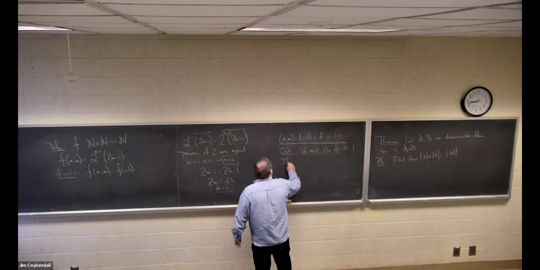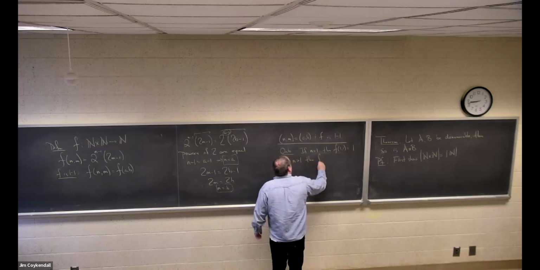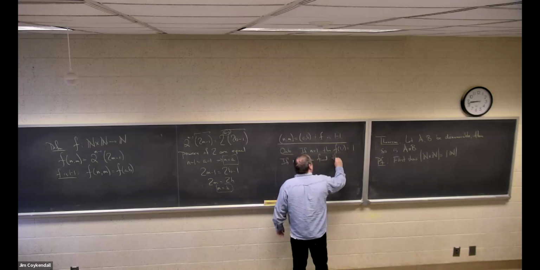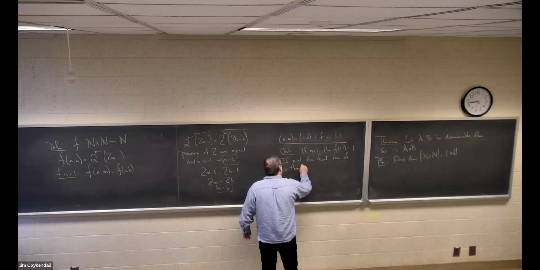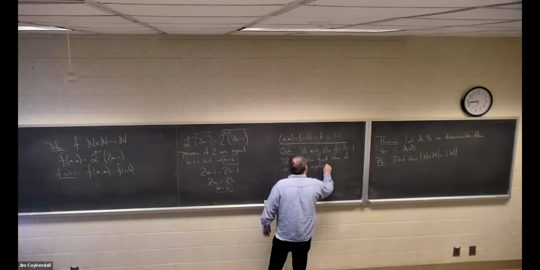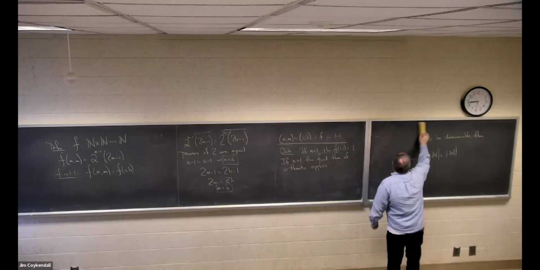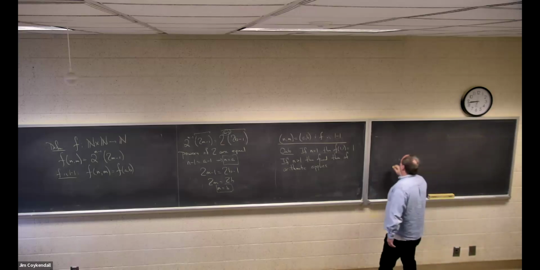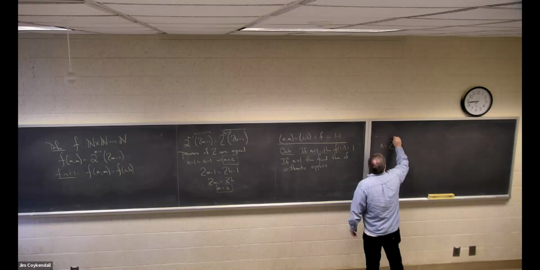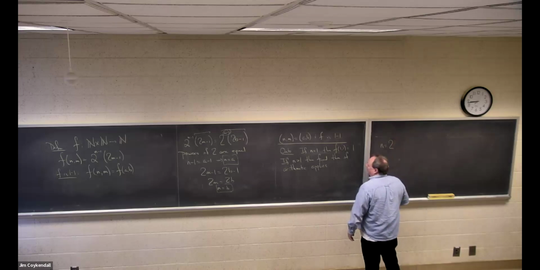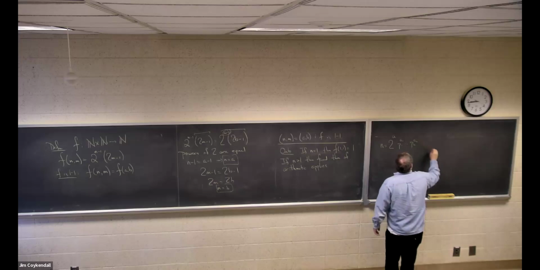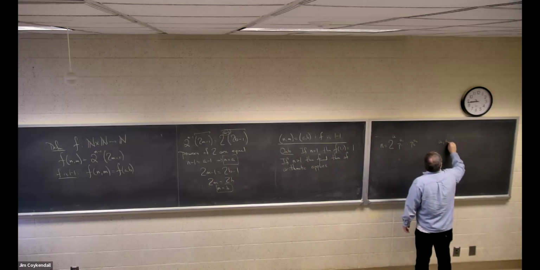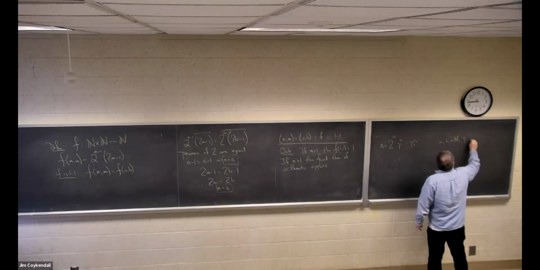And if n is bigger than 1, then by the fundamental theorem of arithmetic, I can write n as 2 to the a times p1 to the a1 up to pk to the ak, where the ai are natural numbers and the pi's are all odd primes.